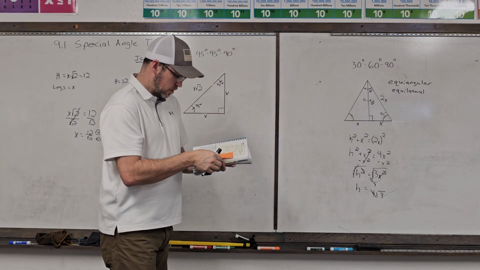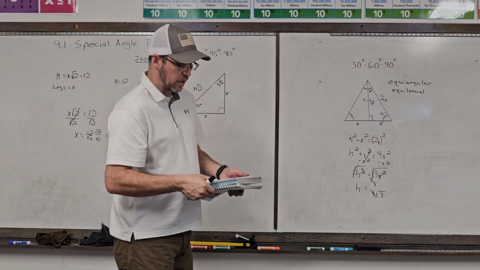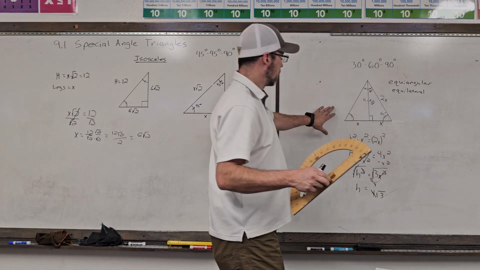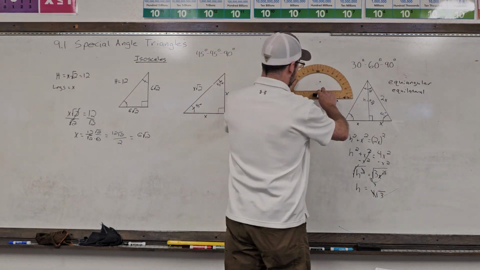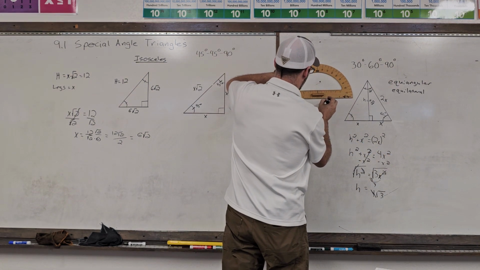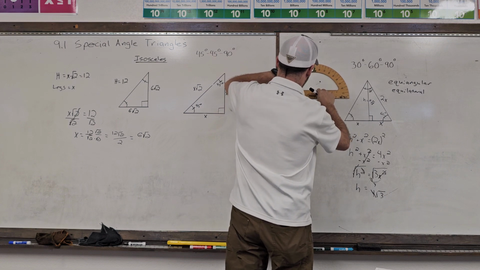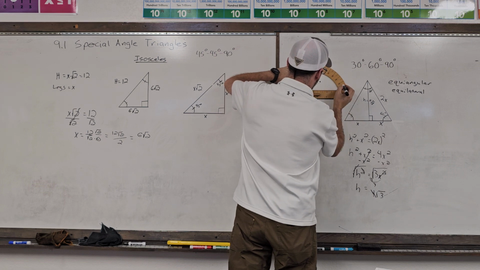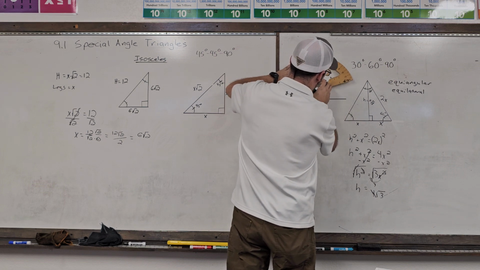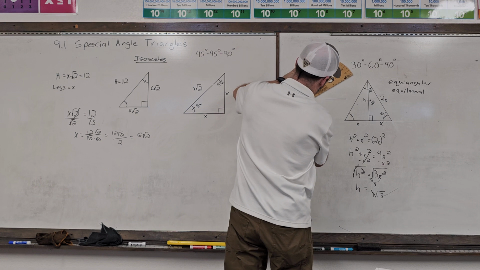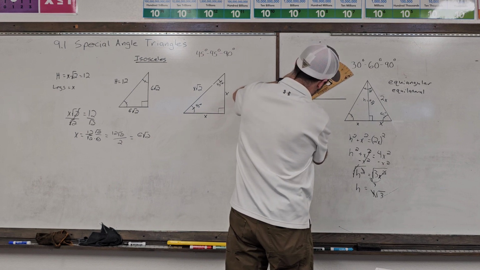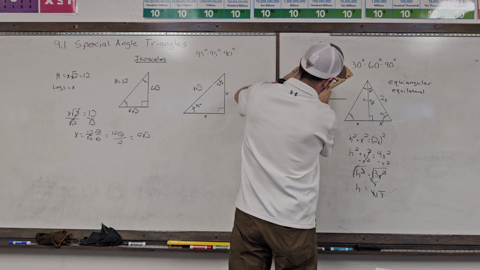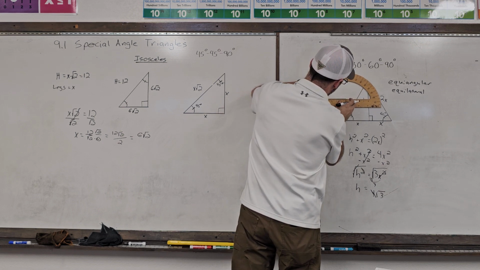So just like a minute ago, anytime it's a 30, 60, 90 triangle, I'm going to be able to use this identity. So if I make a 30, 60, 90 triangle, say, I'll make a small one that's easier to deal with. Let's say 30 degrees is right there, and I want this to be 90 degrees.